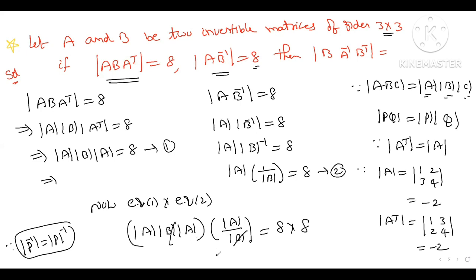What we get here? Det A into det A into det A, whole cube, is equal to 8 into 8, 64, can be written 4 cube. If powers are equal, bases also equal, det A is equal to 4. Det A value, how much value we have got? 4. So det A value substitute in second equation or first equation, we get det B value.